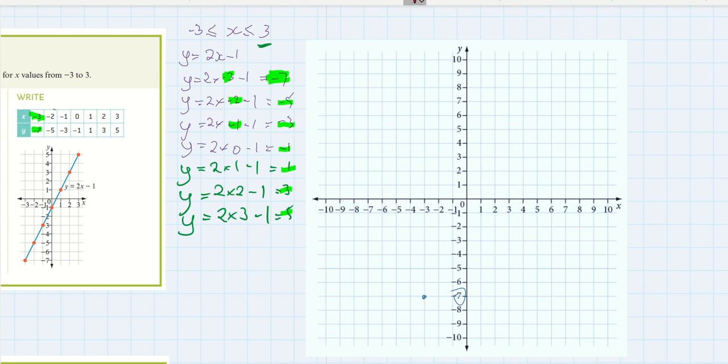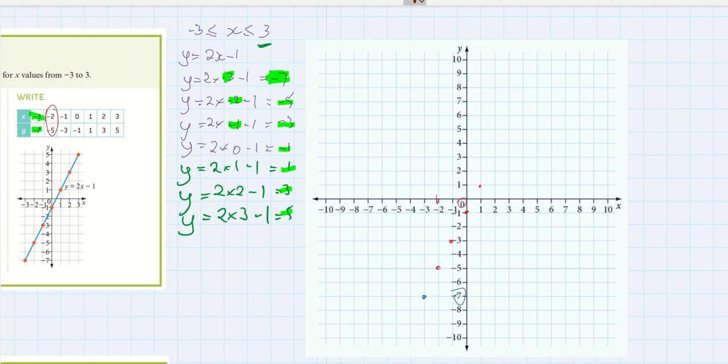And then the next one, we've got -2 and -5. So -2, -5, got to be there. Next one is -1, -3, there. 0 and -1, so 0 on the x-axis and -1 on the y-axis.